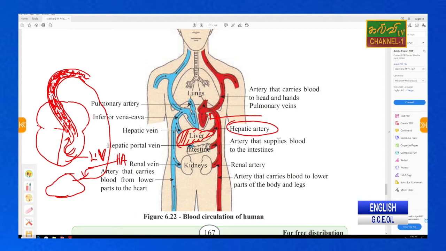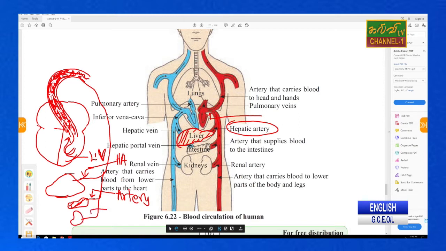So the hepatic artery, then another branch of the aorta sends oxygenated blood to the digestive system. Then another branch of artery supplies the kidney, right?